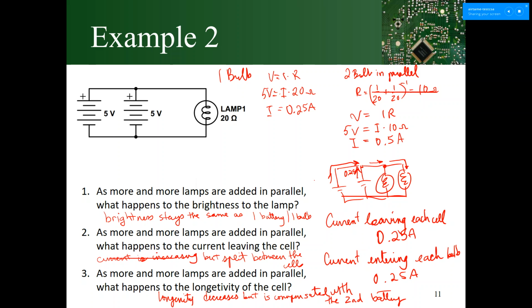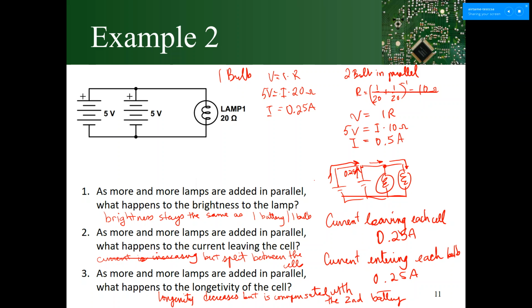So if you were to follow what I did here, I calculated what would happen if I only had one bulb, and it would be a current of 0.25 amps. And since that current is coming from two batteries, each battery is providing 0.125 amps. However, if I have two batteries and two bulbs, the current going into the bulb section is going to be 0.5 amps.